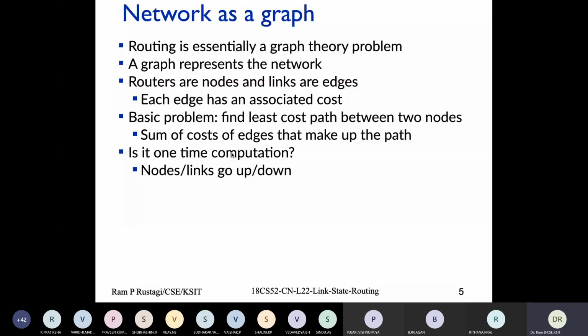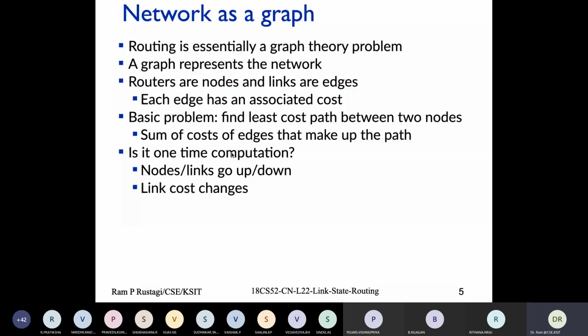The answer is yes, because the network is a live entity. It can keep on seeing different conditions. Links may go down, links may come up. That often happens with you when you use 4G connectivity. Today the network is not working, today it is working fine. So links go up, links go down. In the same way, router devices go up and go down.